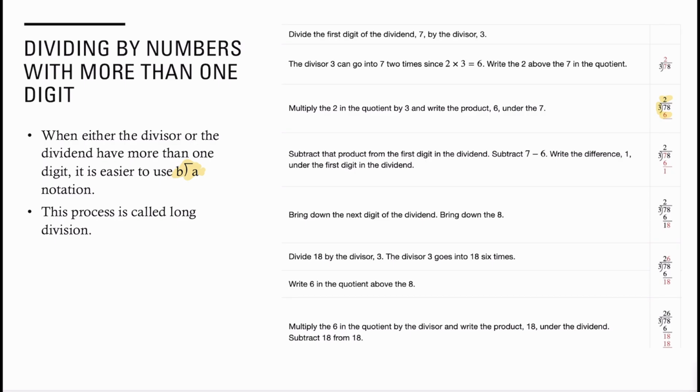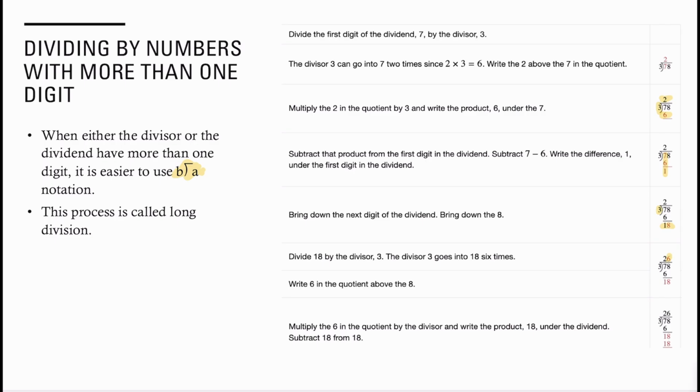Then what we do is we subtract the 6 from the first digit, so 7 minus 6, and we get 1. Now 1 we write underneath this line, and then following that, we bring the next digit down. Now we're checking 3 and how many times it goes into 18. We know it goes into 18 6 times, so we go back up and we put the 6 up on top.